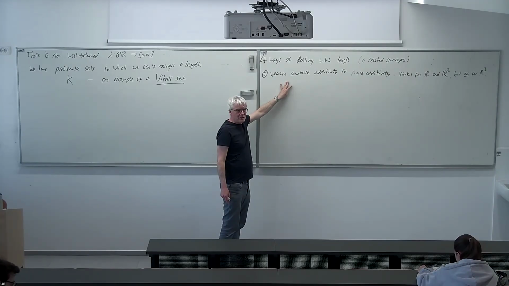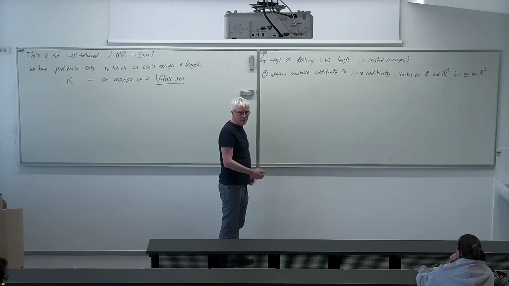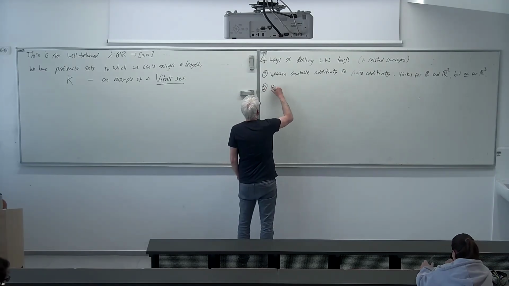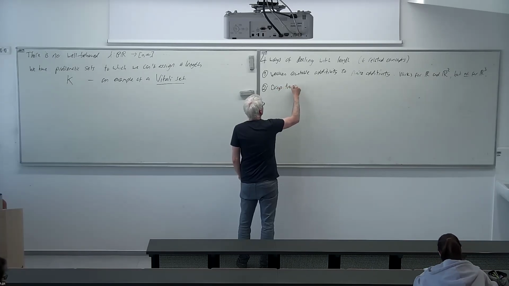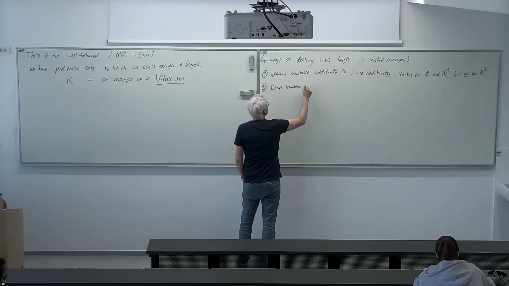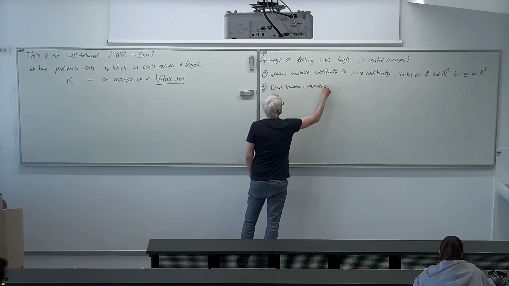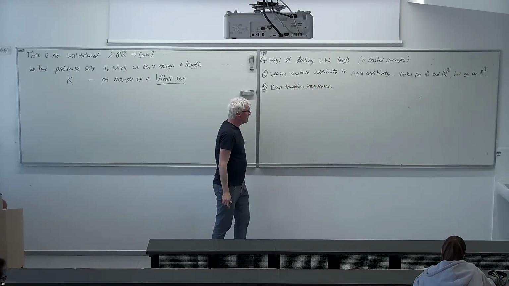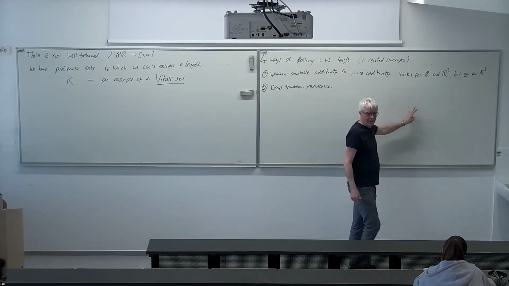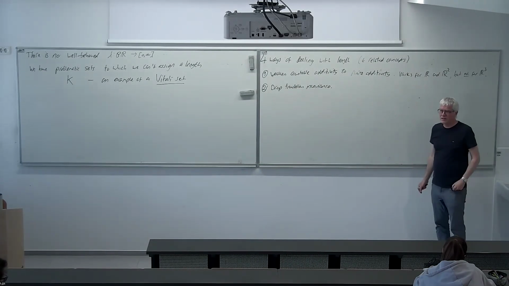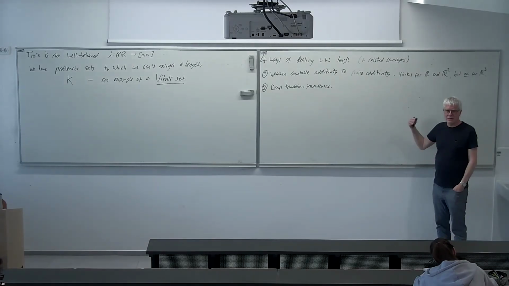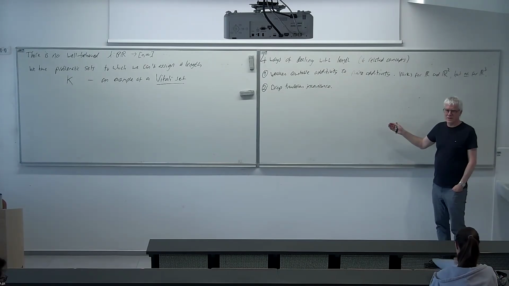Another possibility is to drop the translation invariance. I mean, that's a very natural property, but you could say, well, if you can't have it, let's try dropping it. So to drop translation invariance, then it is consistent with the axioms of set theory that there exists a translation variant measure, as long as certain large cardinal assumptions exist.